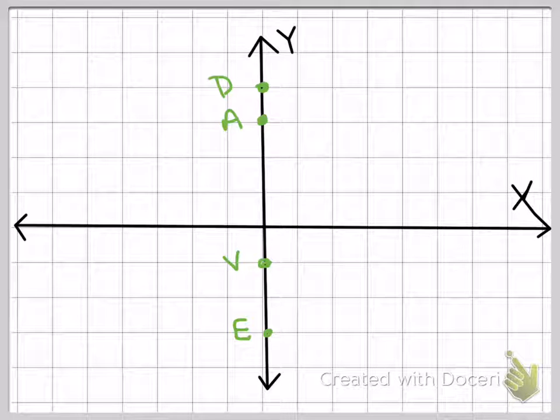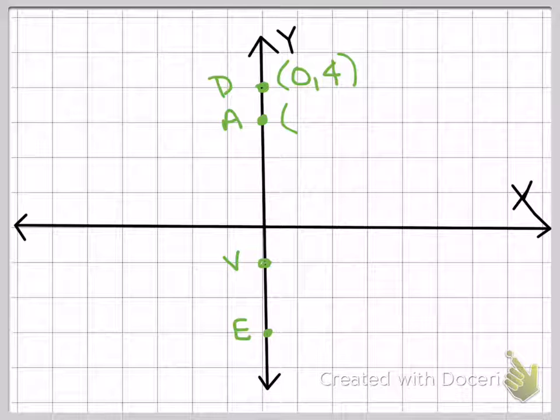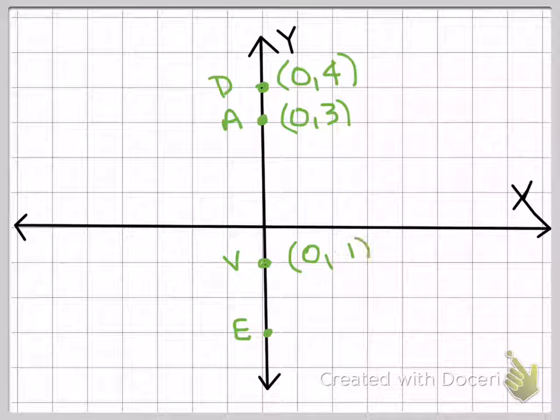Coordinates group. What's the coordinates of D? You are correct. Wyatt, A. 0, 3. Riley, V. 0, negative.